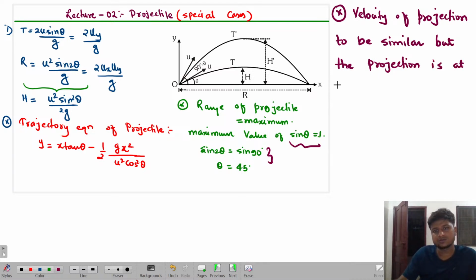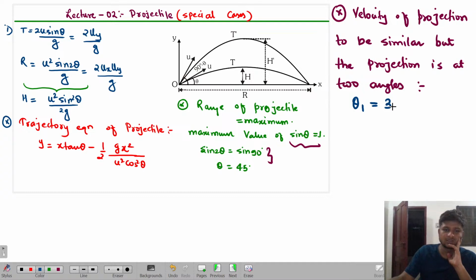Let's suppose I project a particle, one at theta 1 equal to 30 degrees, and another at theta 2 equal to 60 degrees.